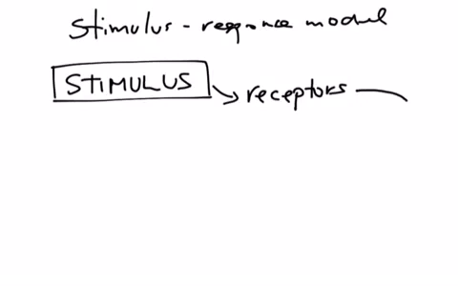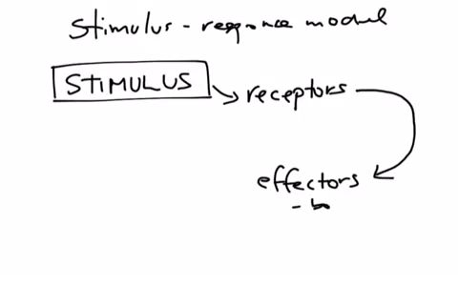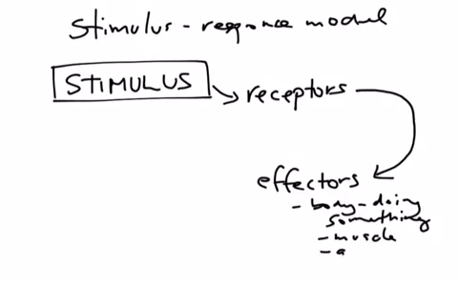The receptors send messages to organs or tissues called effectors. An effector is some part of the body that's capable of doing something in response to a stimulus. So it could be a muscle, could be a gland.